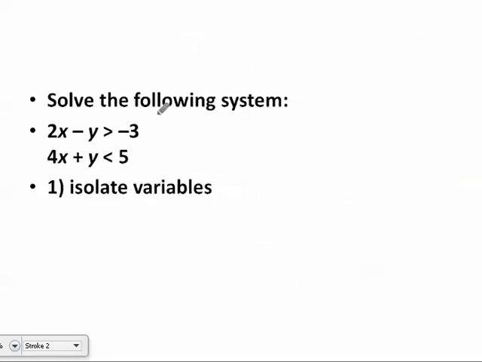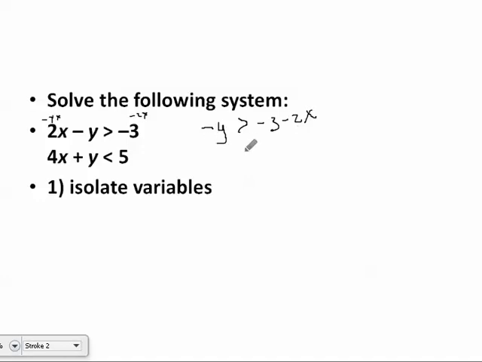So, let's look at this one. First of all, isolating the variables. So, I'm going to subtract the 2x from both sides, minus 2x, minus 2x. And what am I going to wind up with? I'm going to wind up with a minus y greater than negative 3 minus 2x.